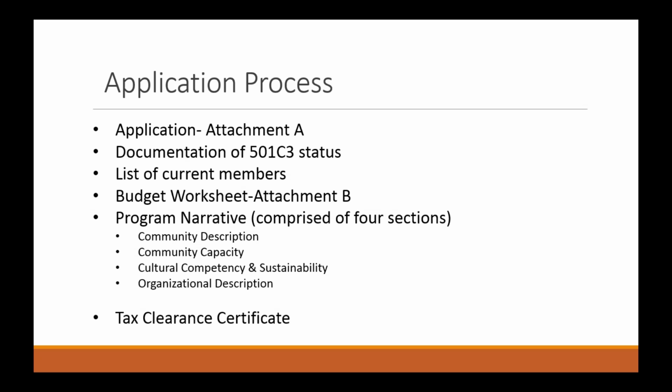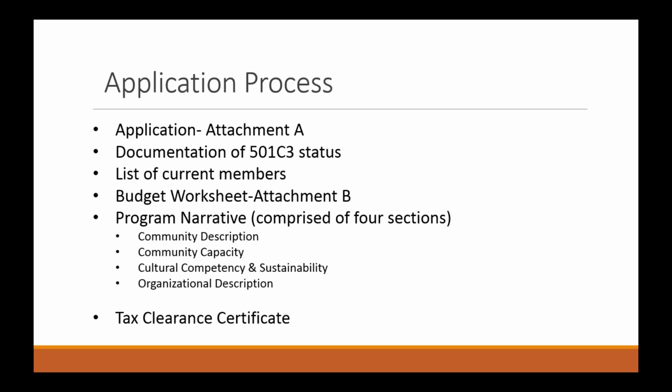The program narrative, so I do want to talk about this for just a minute. This is made up of 4 sections, and basically this is just a Word document that you would label each section. So you would have a community description section, a community capacity section, a cultural competency and sustainability section, and then an organizational description.